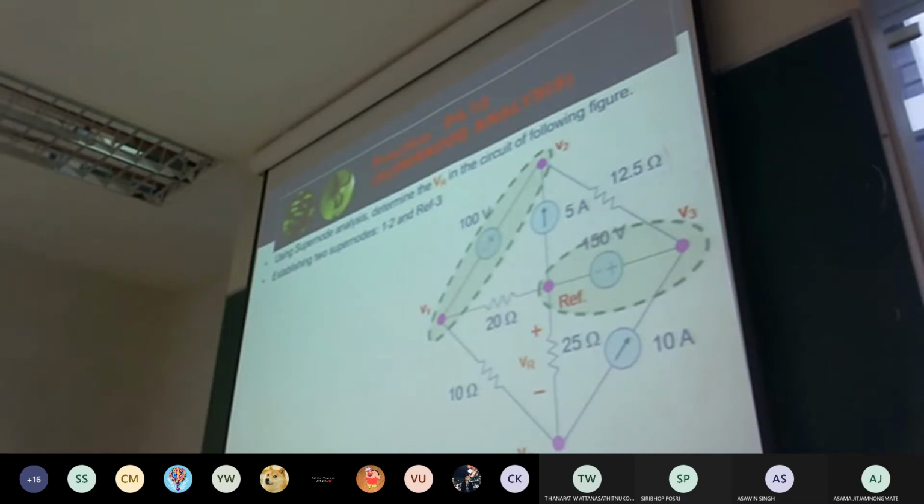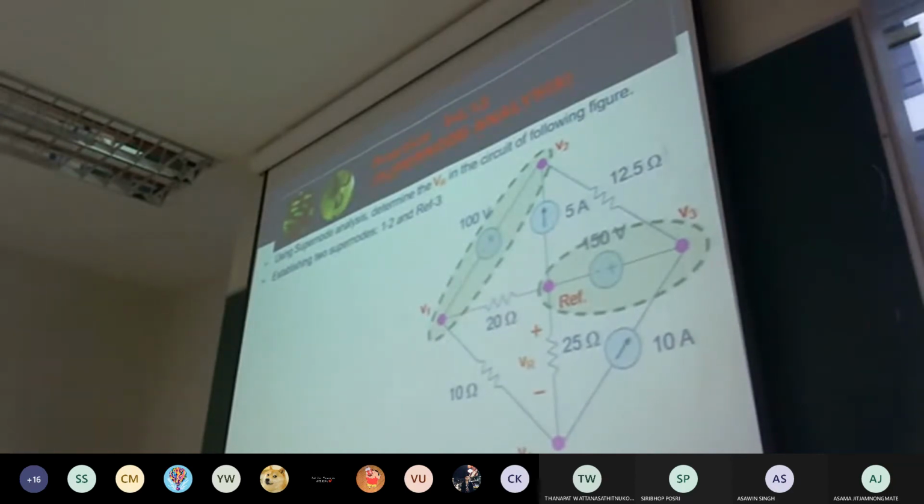Okay, for the summary, you see that you have 4 unknowns. You require 4 equations, right? In this case, you should have 4 KCL. But how many voltage sources do we have? 2.